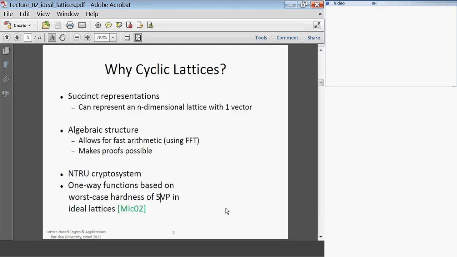So this type of cyclic lattices that we considered here was actually developed, I think, in the late 90s, starting in 98. The NTRU scheme that some of you may have already heard of was developed based on this type of cyclic lattices. In other words, the polynomial basis there was x to the power of n minus 1.